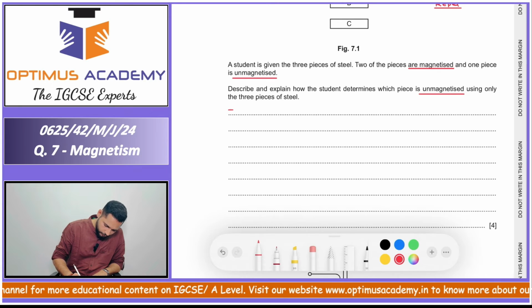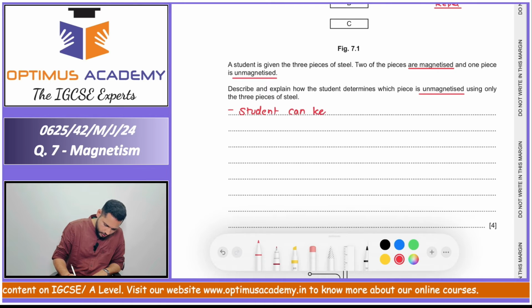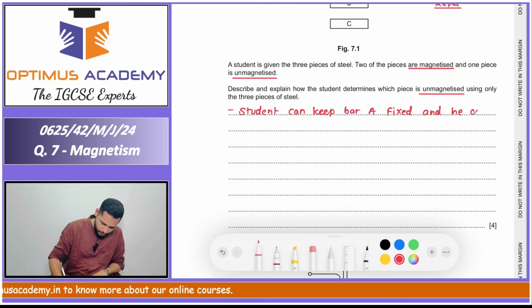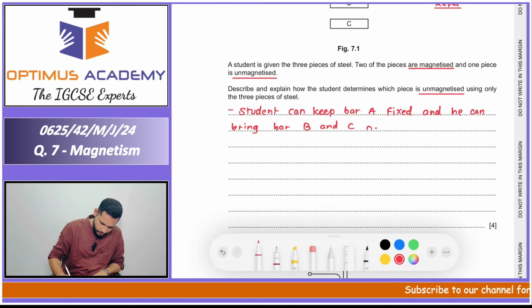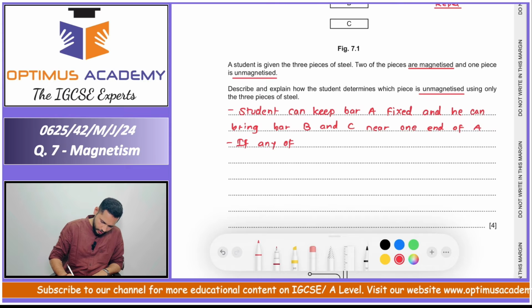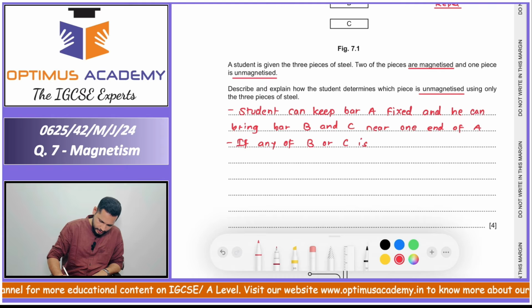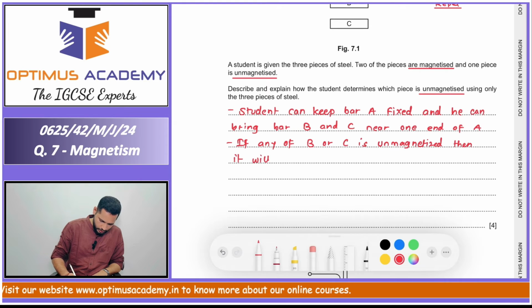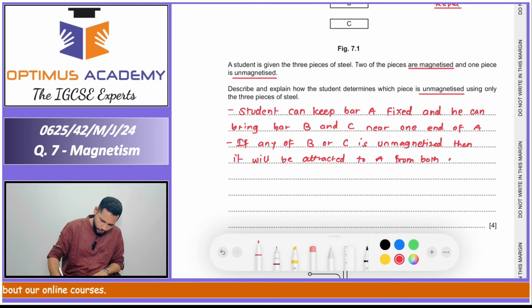We will say that the student can keep bar A fixed and he can bring bar B and C near one end of A. If any of B or C is unmagnetized, then it will be attracted to A from both of its ends.